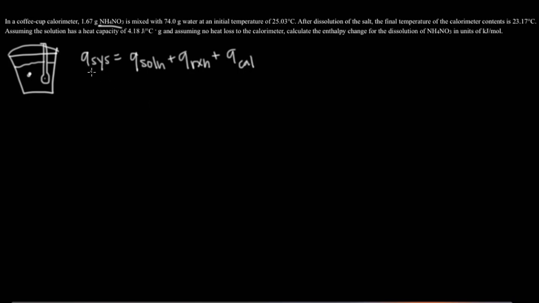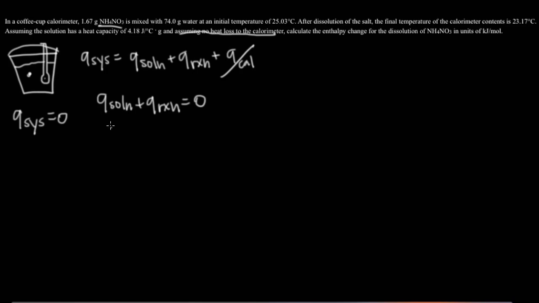But in this problem, since we are assuming no heat loss to the calorimeter, we can just rule that one out. And because we assume that generally no heat enters or escapes the calorimeter, we can say that Q sys equals 0. And this leaves us with Q solution plus Q reaction equals 0.